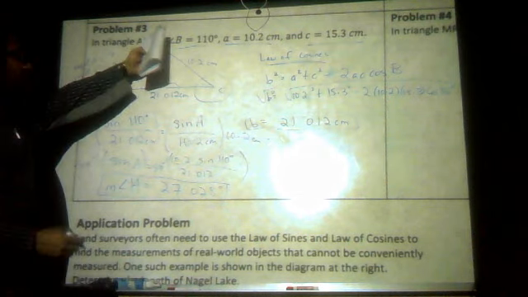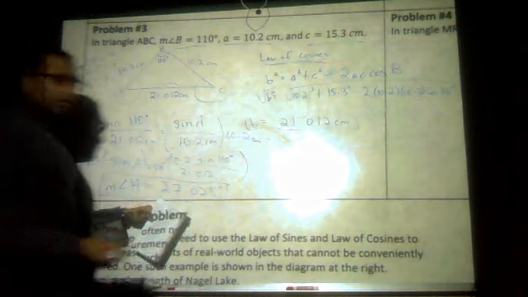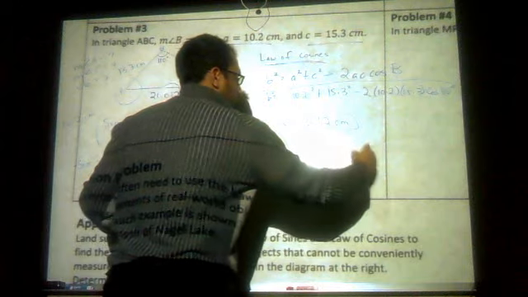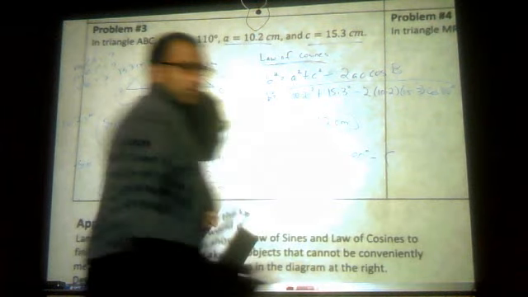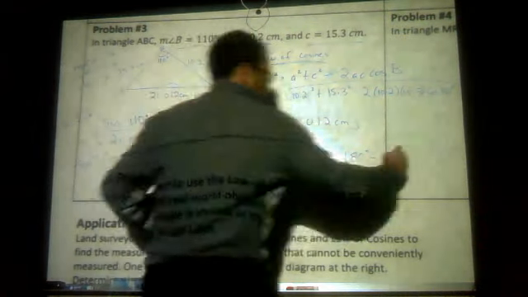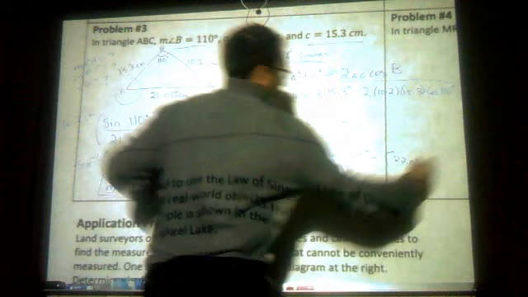If I know angle B and I know angle A, can I find angle C? Yeah. Now all I do to find the measure of angle C is 180 degrees minus the sum of the other two angles, minus 27.028 plus 110 degrees.